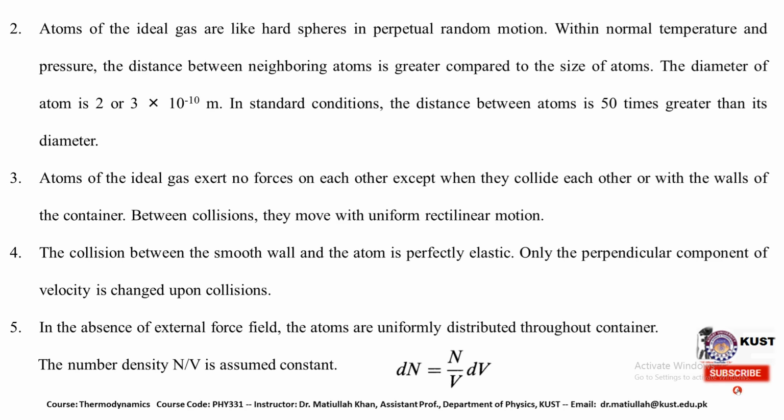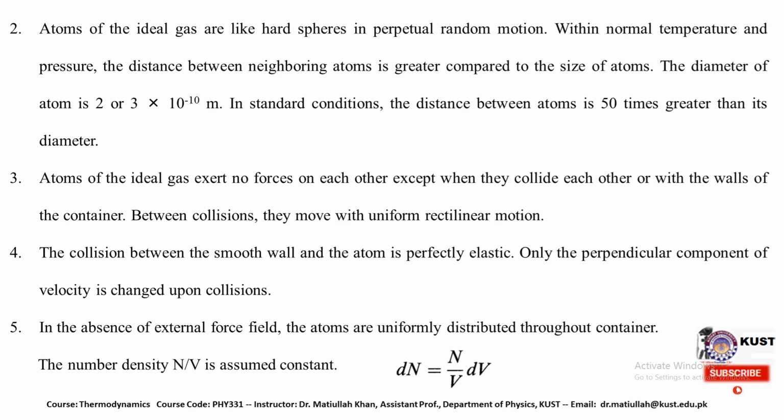During a collision they exert force on each other, but between collisions they move with uniform rectilinear motion. When the particles collide with the walls of the container, it creates pressure, and that pressure could be obtained from this particular equation.